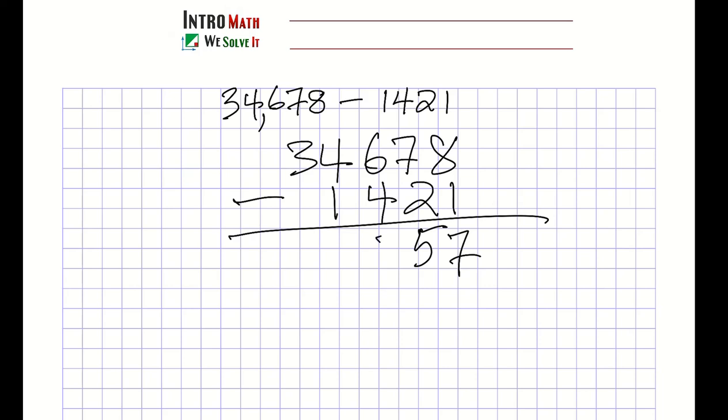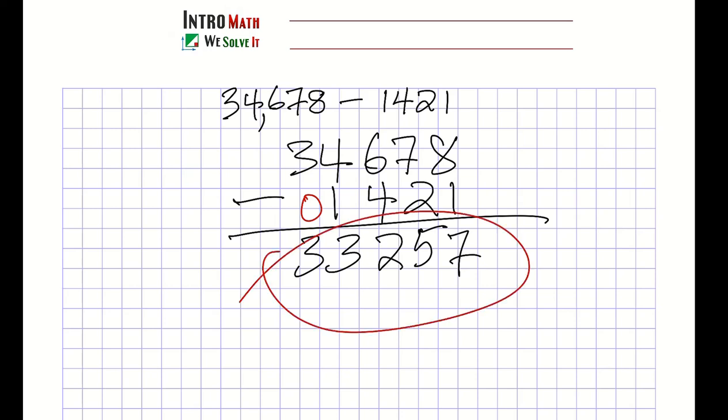Take away 4 from 6, you have 2. Take away 1 from 4, you have 3, and then you bring down 3. Like I said, there's a 0 here, but we usually don't write it. It's understood to be there. So that's your answer right there. So we'll move on to the next one.